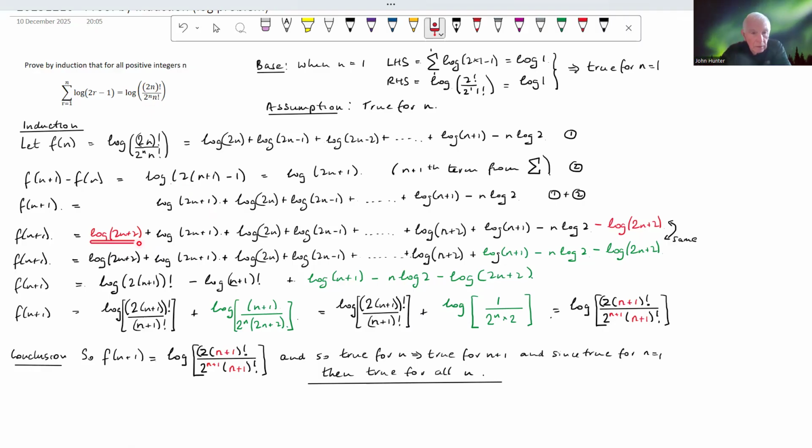Well, we've just put it in, but the trick is that I've subtracted it as well. This is a bit of manipulation that is really quite hard to see. But anyway, we put that in there. So we've now got the log of 2n plus 2 and all the integers down to these two.